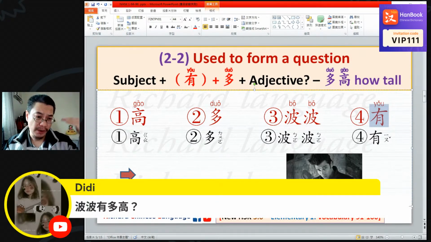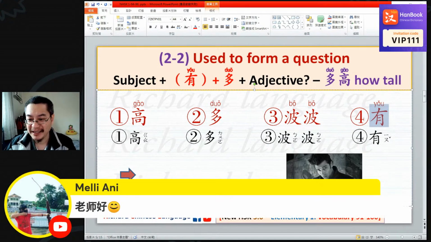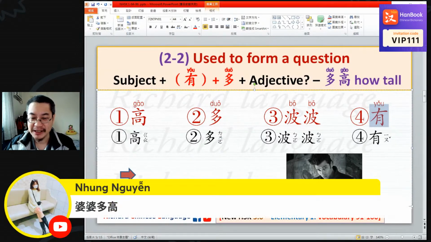Very good. You can also say 波波多高 is correct also.